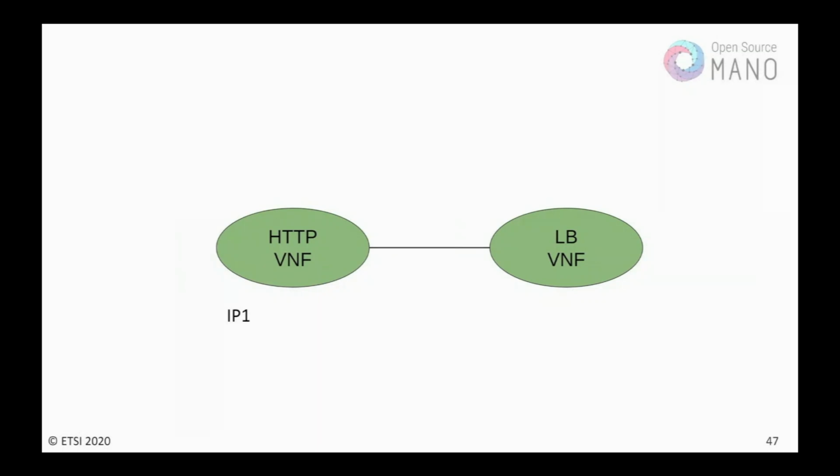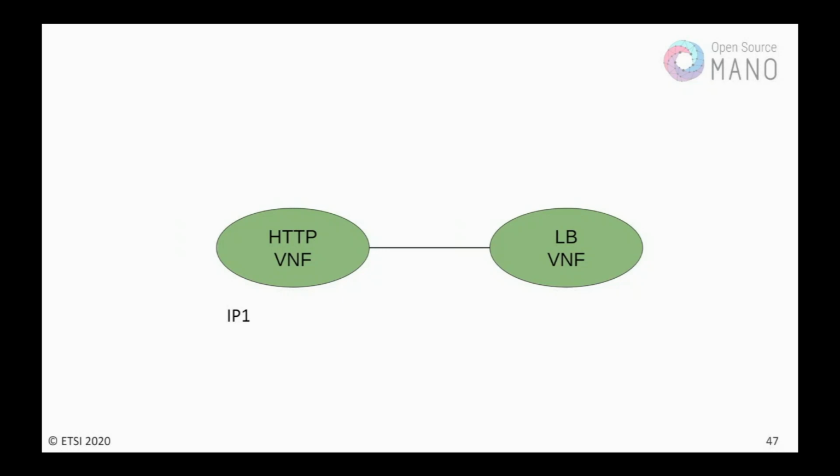So, for example, in this case, well, OSM doesn't balance the workloads. OSM offers just the tooling for deploying and operating the workloads in the different VIMs and Kubernetes and so on. Okay. So in this case, we will need a load balancer VNF, for example, and an HTTP VNF, and a relation between those in which the HTTP service will tell the IP to the load balancer.